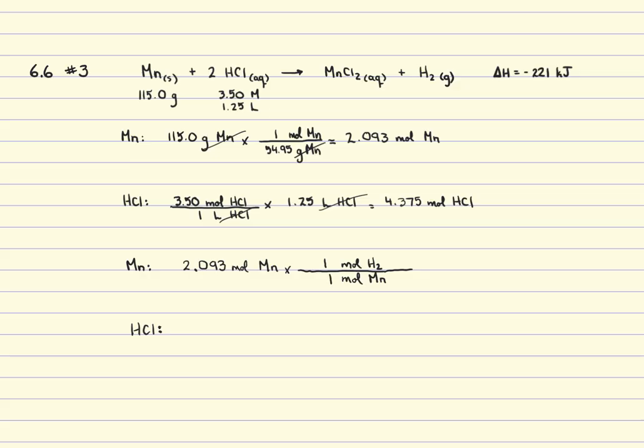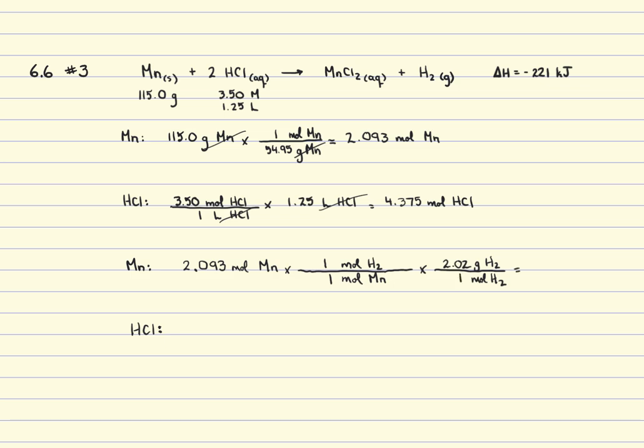Now we could figure out the moles here, but I'm going to go all the way to the mass because then I'm answering part C as well. And this is really efficient. So I really want to figure out the grams of hydrogen formed. And note that hydrogen is a diatomic, so the molar mass is 2.02 grams per mole.